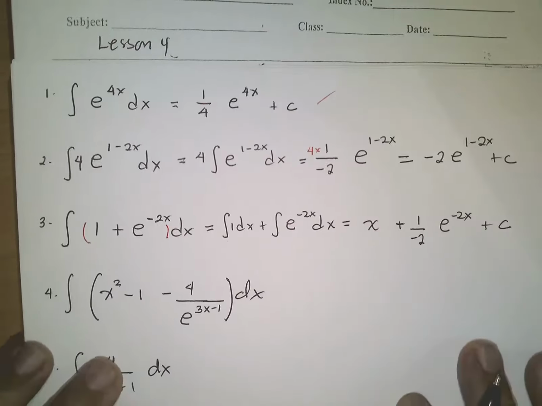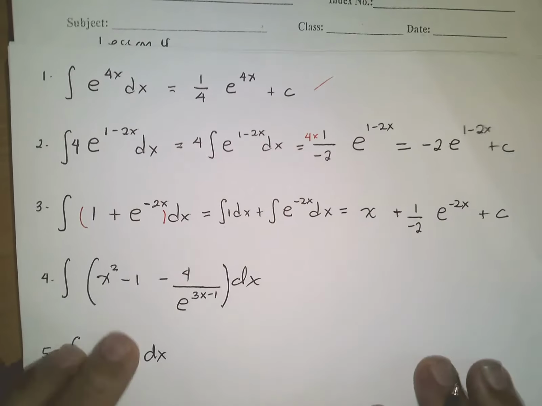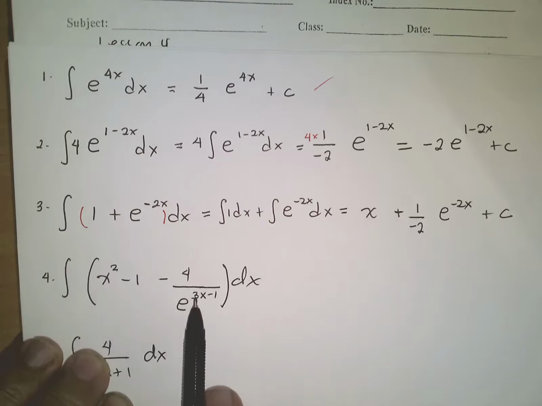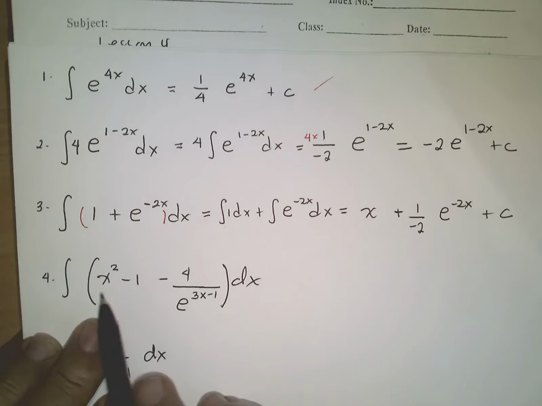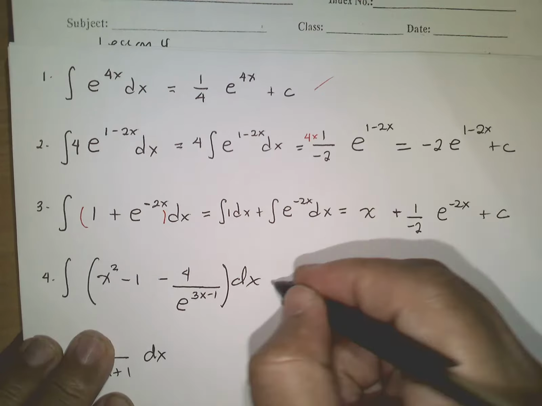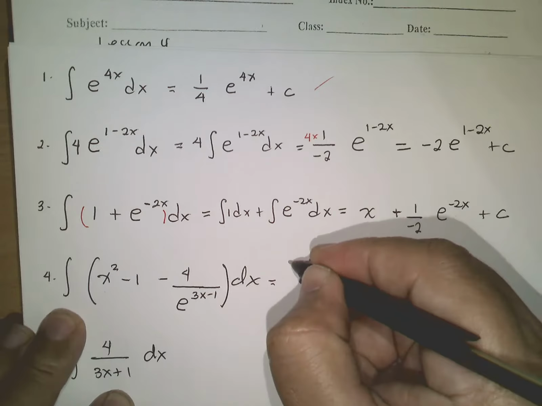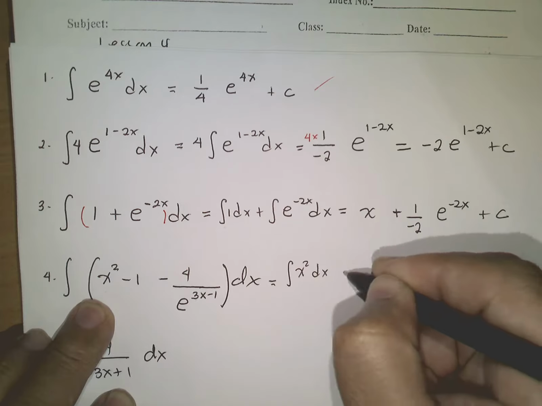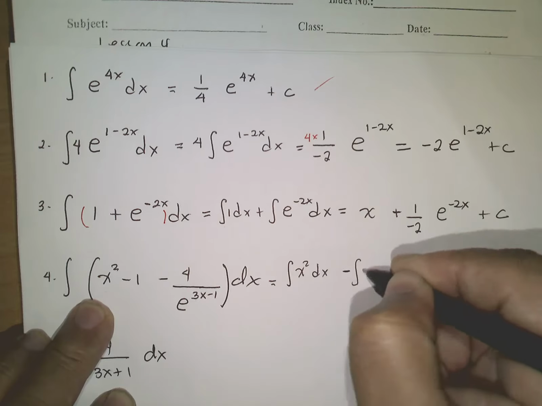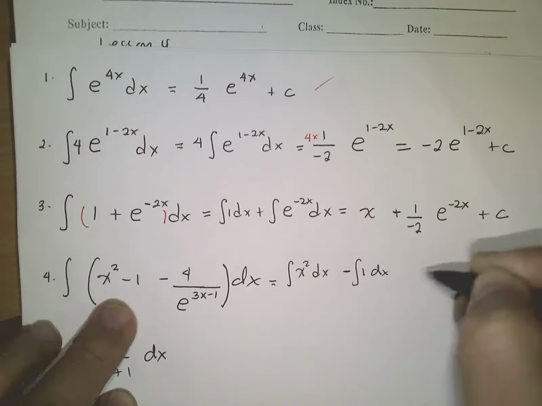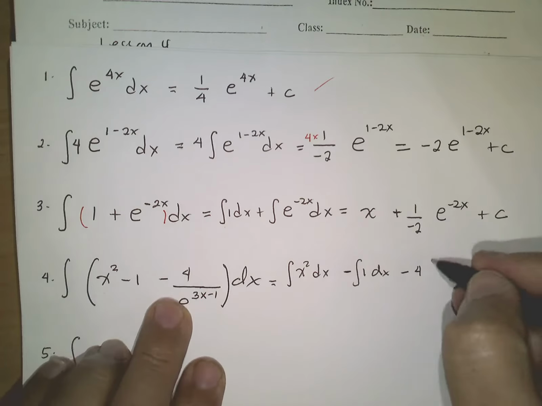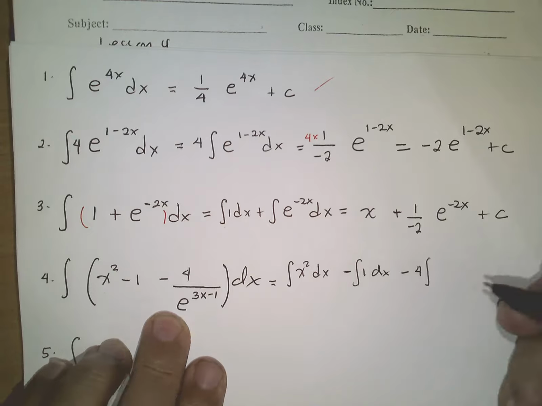Let's try to look at example number 4. In example number 4, you have three terms: the first, second, and third. So what you're going to do is take the integral of each term. Let's do it step by step. I'm going to take the integral of x squared dx minus the integral of 1 dx minus, I'm going to put the 4 outside the integral symbol.